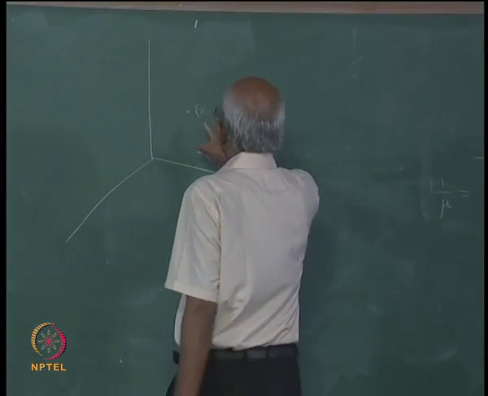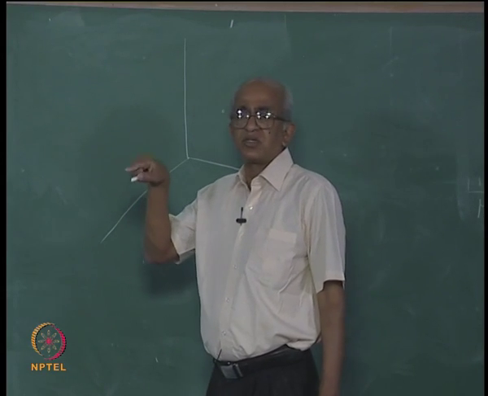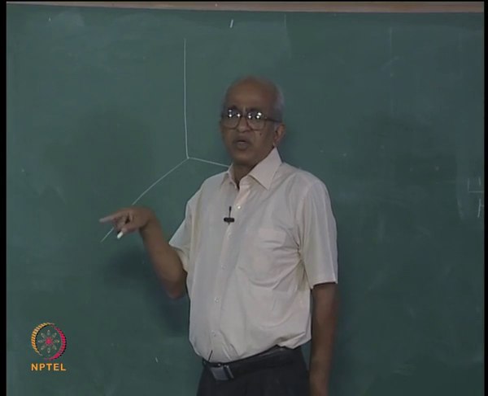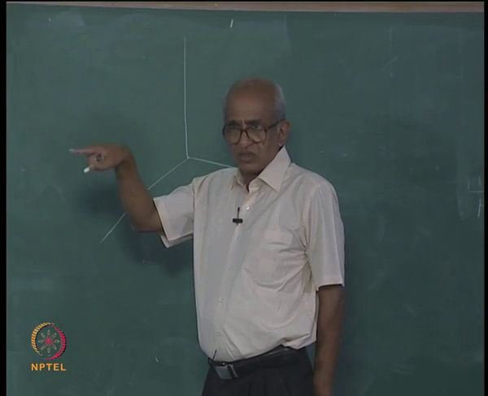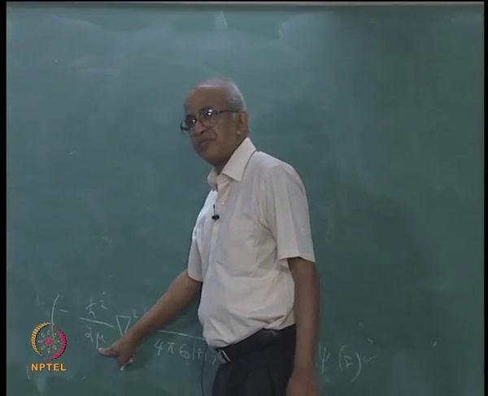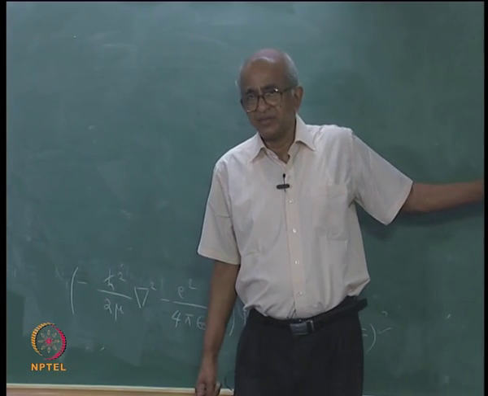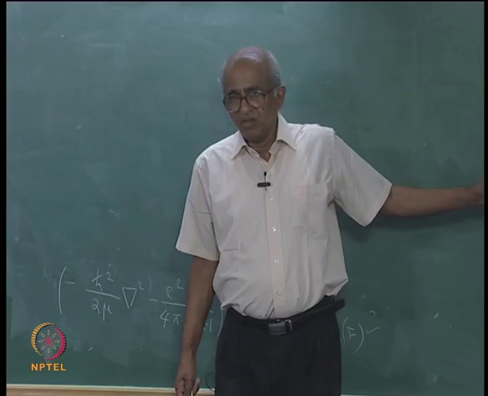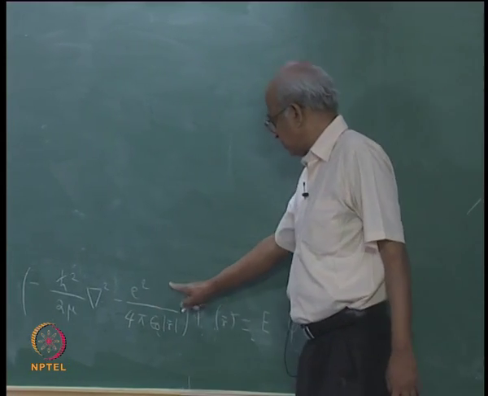What will be the kinetic energy of the particle, or the operator corresponding to kinetic energy? It is going to be minus h cross square divided by 2 times the mass of the particle into del square. So, if I imagine a particle of mass mu, then this will be exactly the kinetic energy of such a particle, right. And further, what is this term?